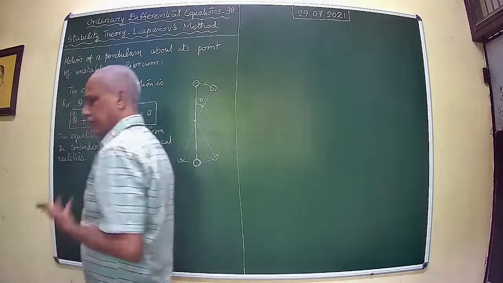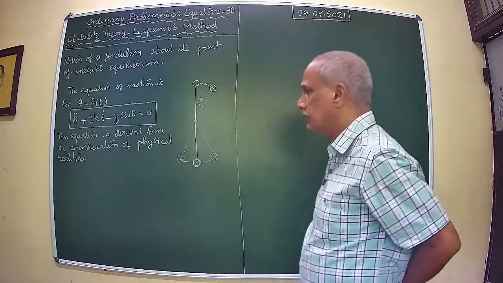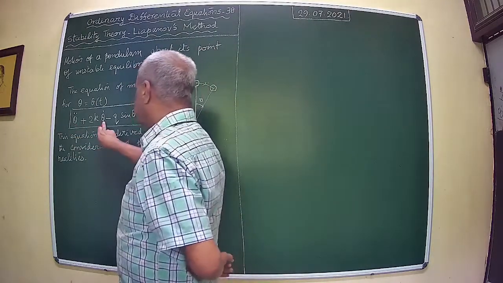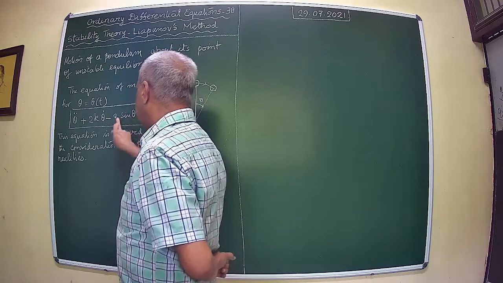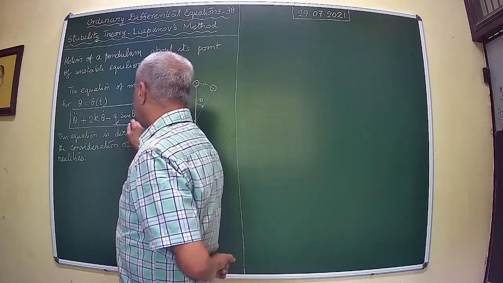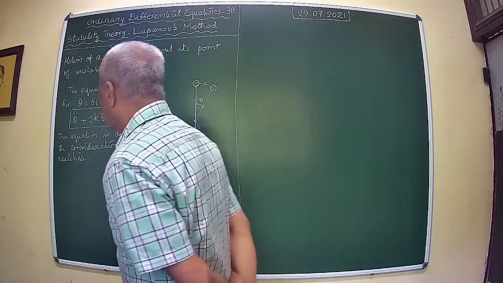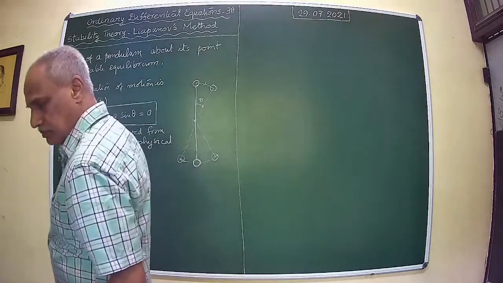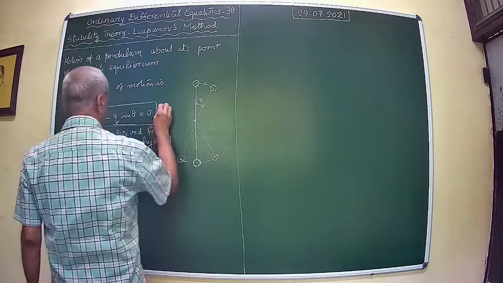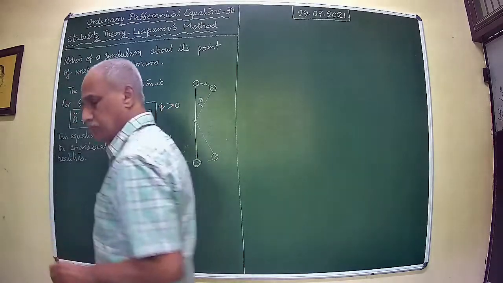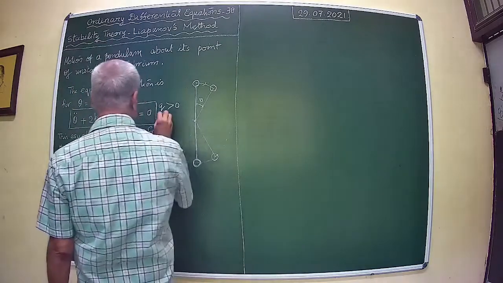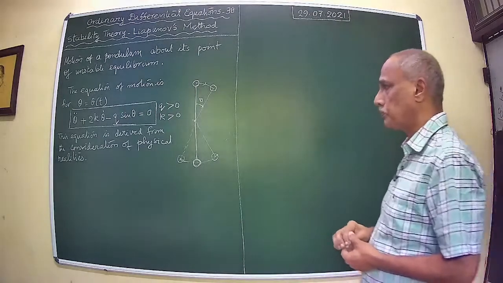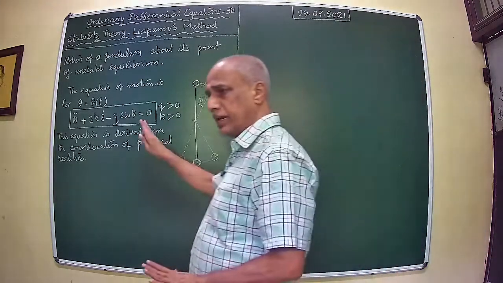This is purely the realm of physics. Now this is the second derivative of theta. This is the first derivative of theta, and this term is the nonlinear term. Q sin theta is nonlinear. So this is not a linear equation, right? Here we assume Q is taken to be positive and K is also positive. These are the conditions. But we shall not bother how you came across this equation.